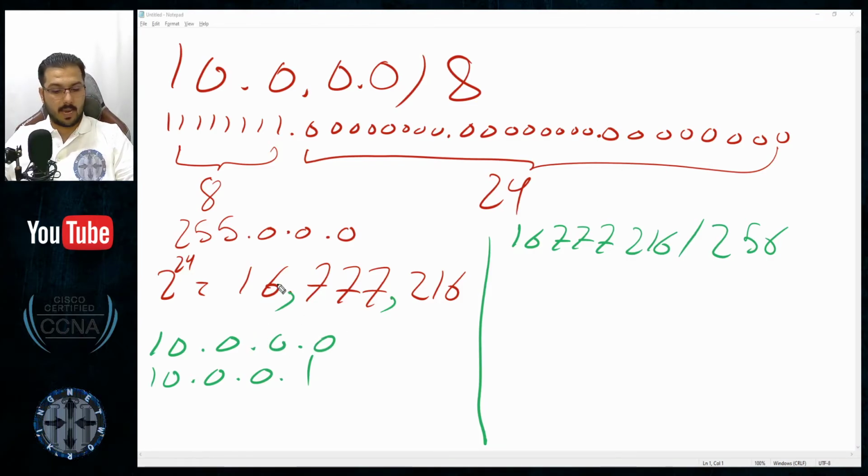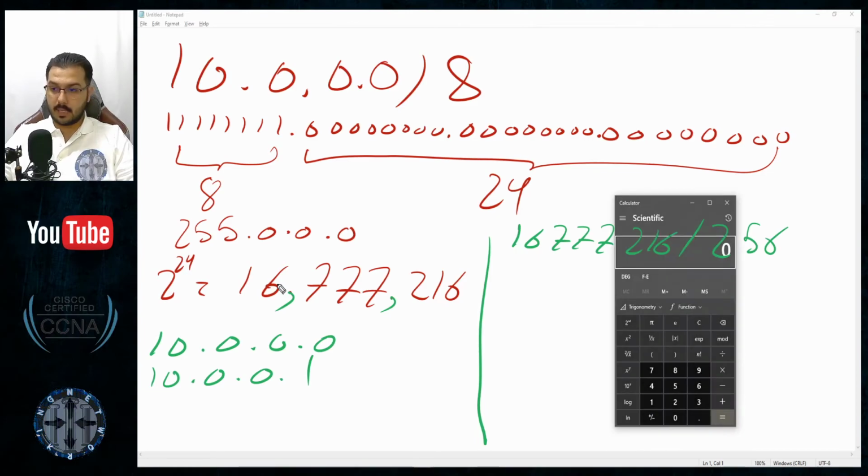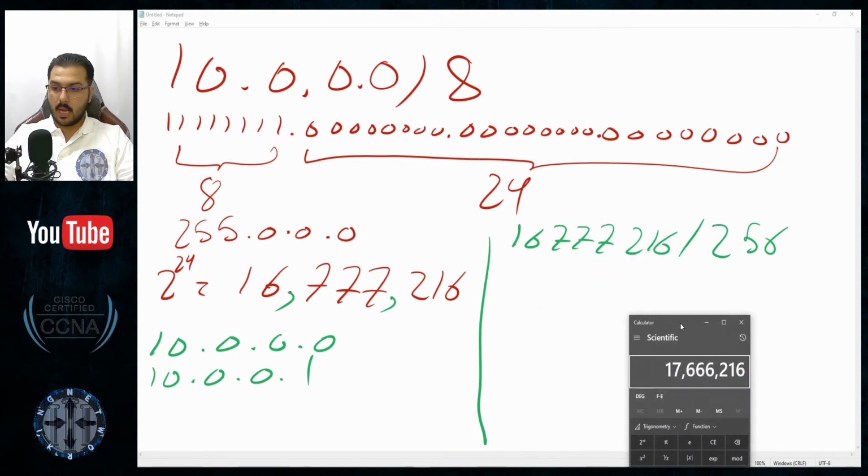So bring me back my calculator, and please type 17,666,216 divided on 256. And the result is extremely big. Okay, that did not solve the problem at all. So I will not make use of that, because it's 69,000.